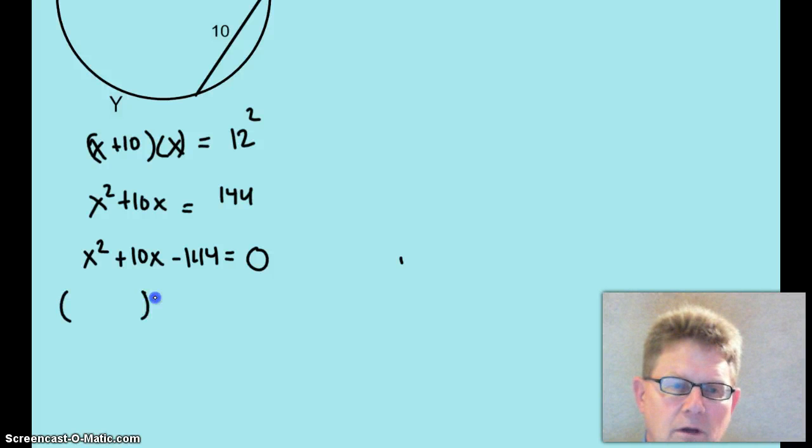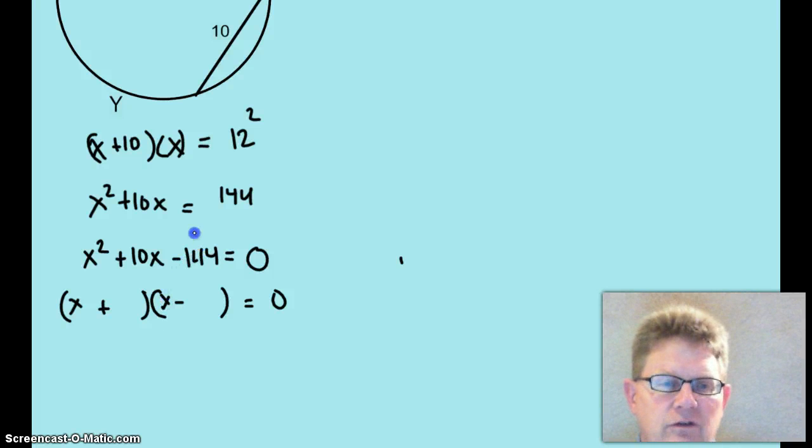Factor that quadratic again. Got to be an x and an x. Because this second sign is negative, these are going to be opposite signs. I need two factors of 144 that are 10 away from each other. And those I just happen to know are 18 and 8.